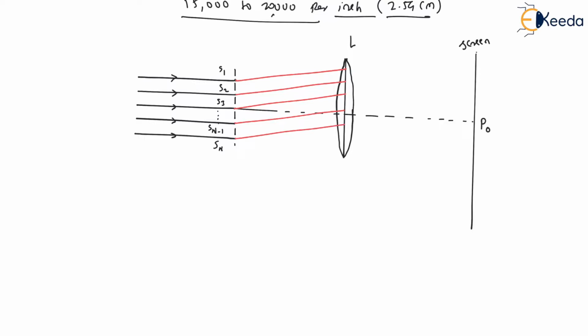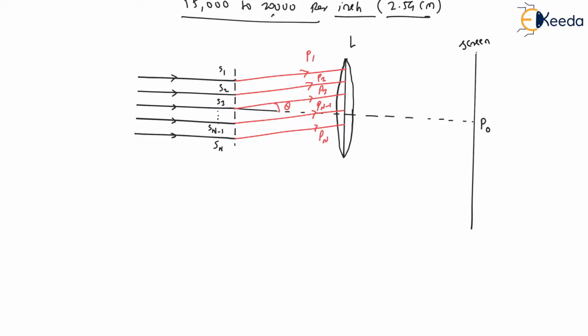So these are the diffracted rays. Let us number them as the first ray P1, then second P2, then P3, this is Pn minus 1, and the last one is Pn. So these are the diffracted light. And all the rays subtend an equal angle of theta with the normal.